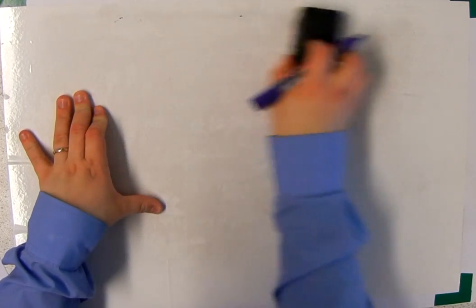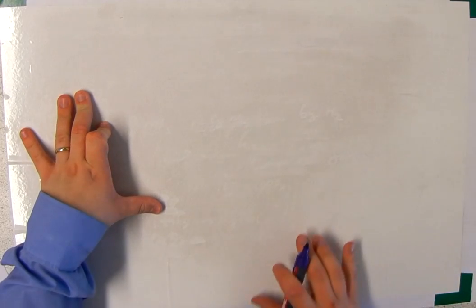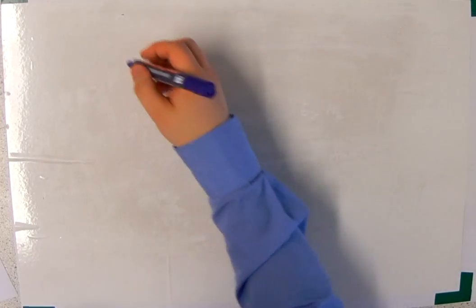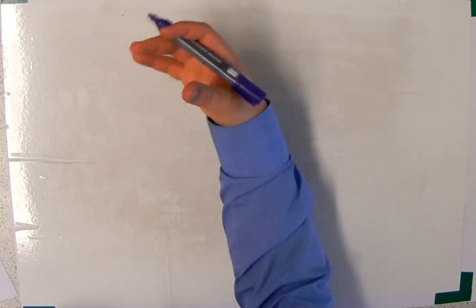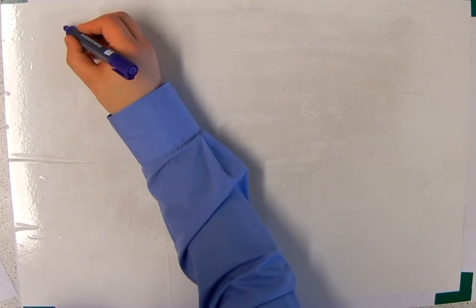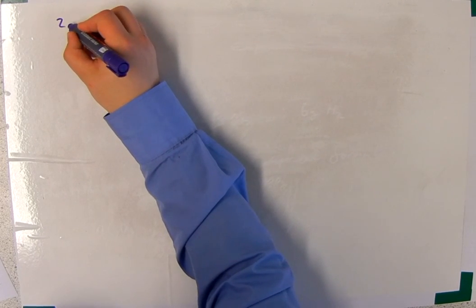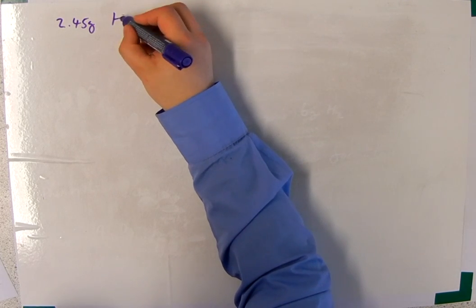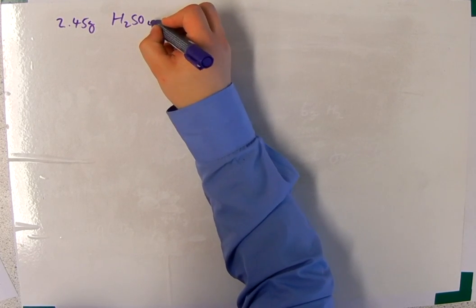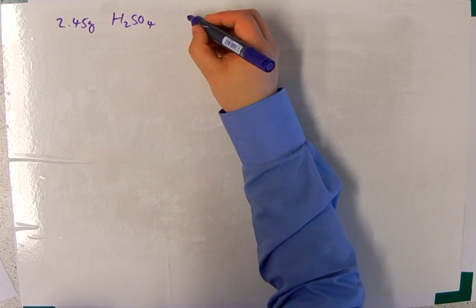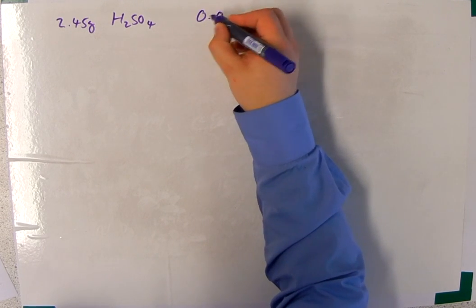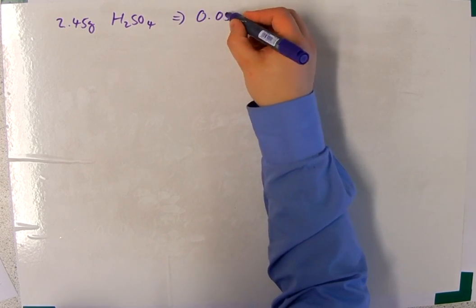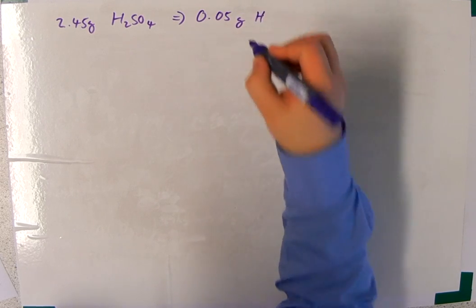So, here's what we do. We can work these out from some known quantities. As an example, say we know that 2.45 grams of sulfuric acid, H2SO4, contains 0.05 grams of hydrogen.